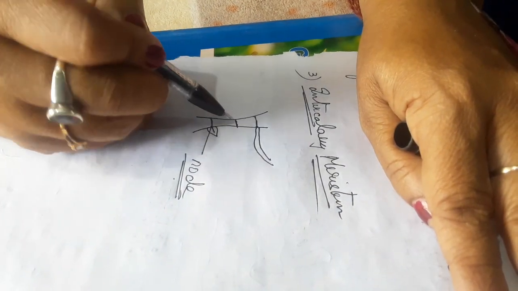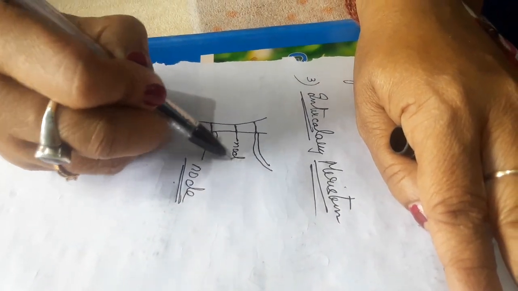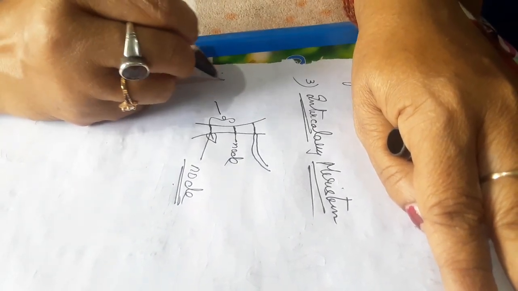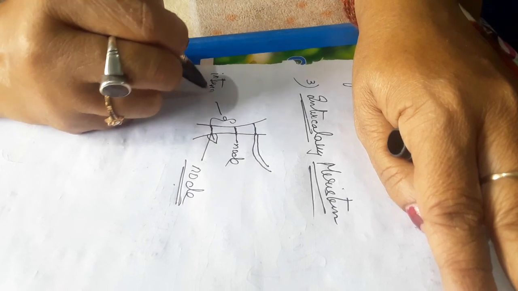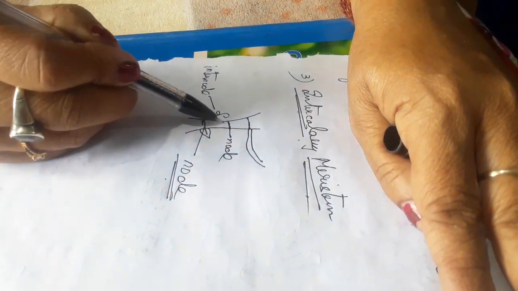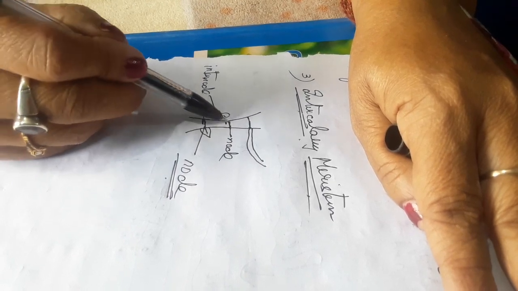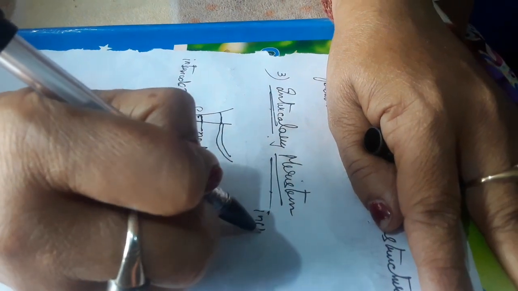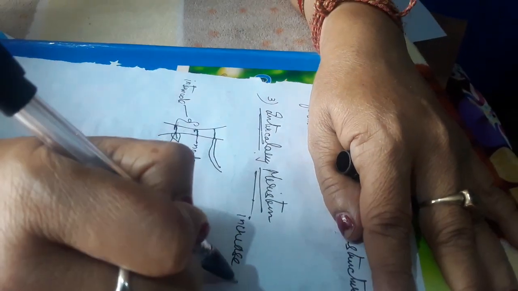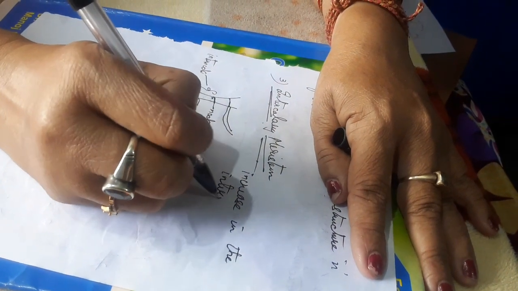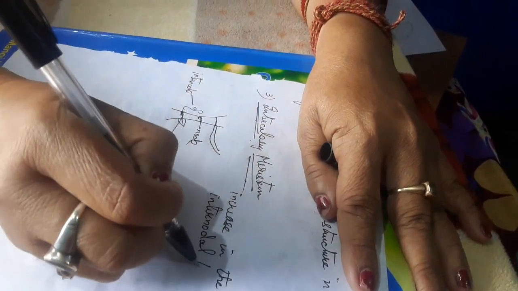The distance between two nodes is called the internode. Intercalary meristems are present at the base of the node. They are responsible for increase in the internodal length.